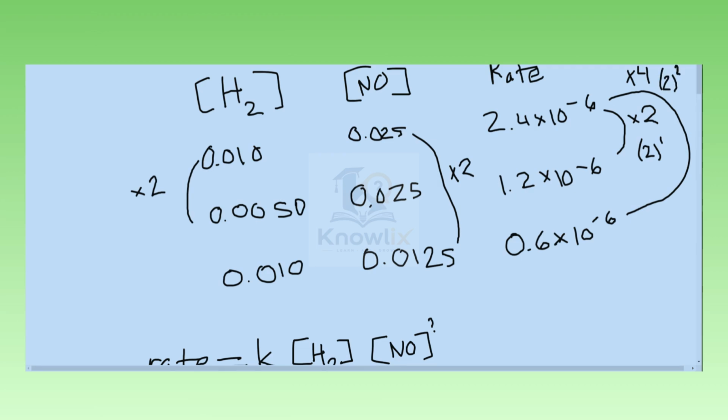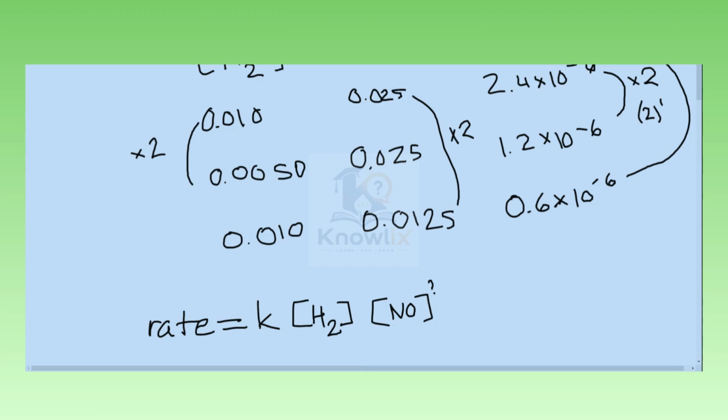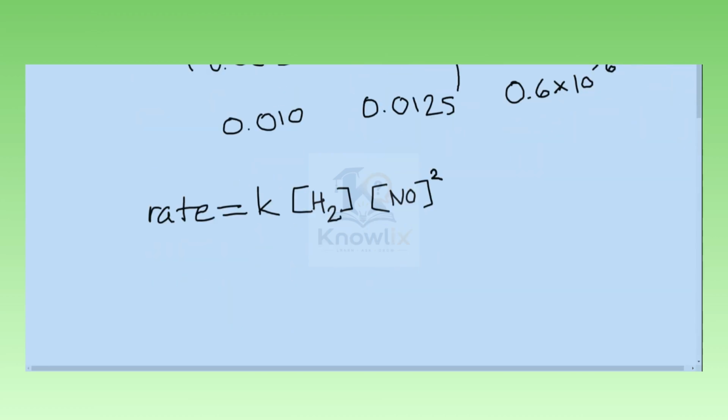So that means that the concentration of nitrogen monoxide is to the second power. Doubling the concentration of nitrogen monoxide results in quadrupling the rate. So there we go. There's our rate law.